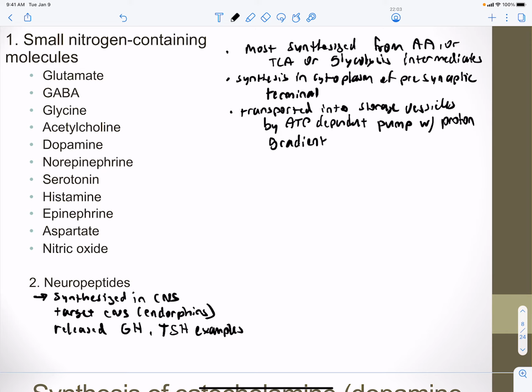Now, release of the neurotransmitters from the storage vesicles is going to be triggered by nerve impulses. And then the nerve impulses are going to depolarize the presynaptic membrane and cause an influx of calcium via calcium channels.